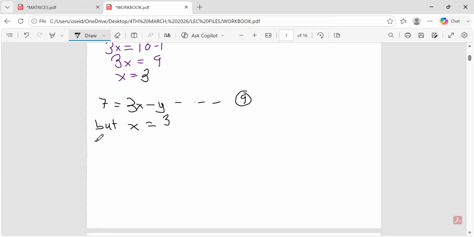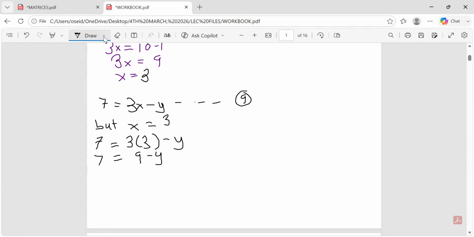So we get 7 equals 3 times 3, bracket close, minus y. So 7 equals 9 minus y. We group like terms.